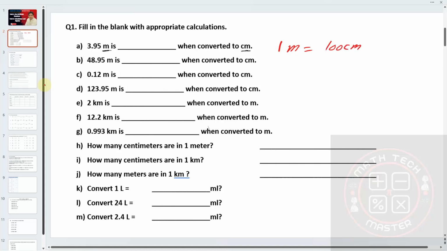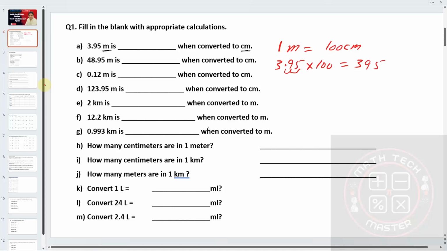So what we have to do, we just have to multiply 3.95 by 100, and we have learned that whenever we multiply any number by 10, 100 or 1000, we move our decimal point towards the right.